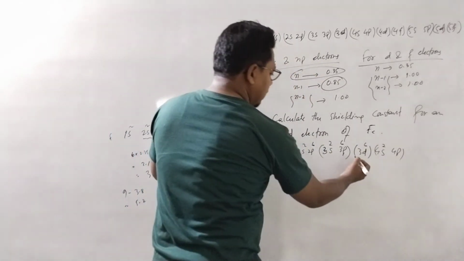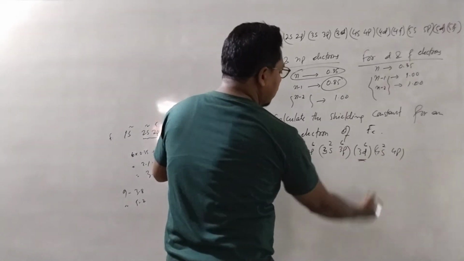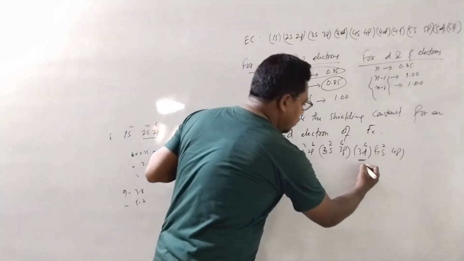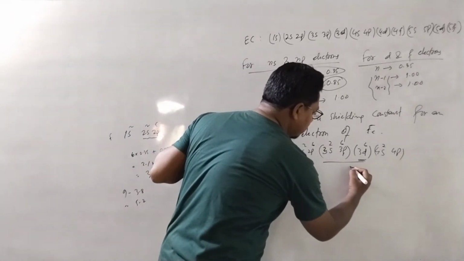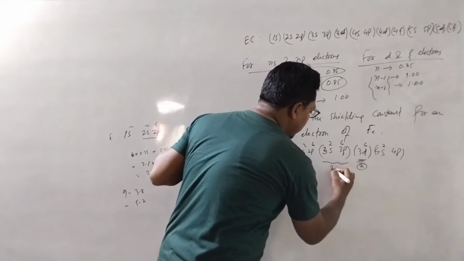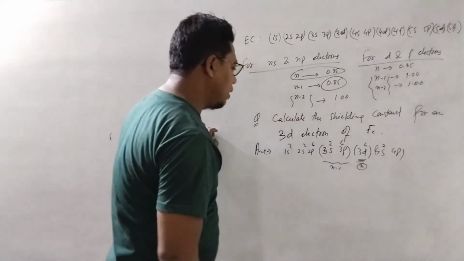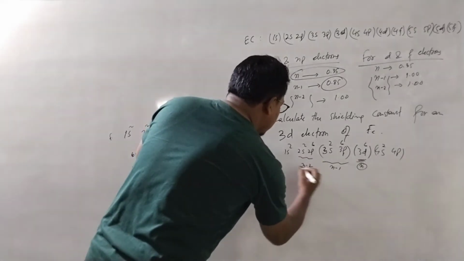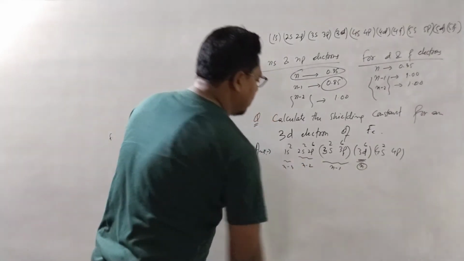So we need to calculate shielding constant for a d electron, 3d electron. This will be our n, this will be our n minus 1 and this will be our n minus 2, n minus 3, like this.